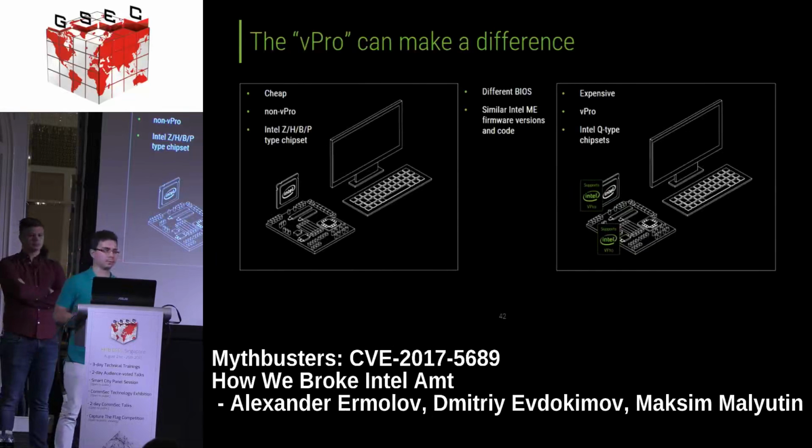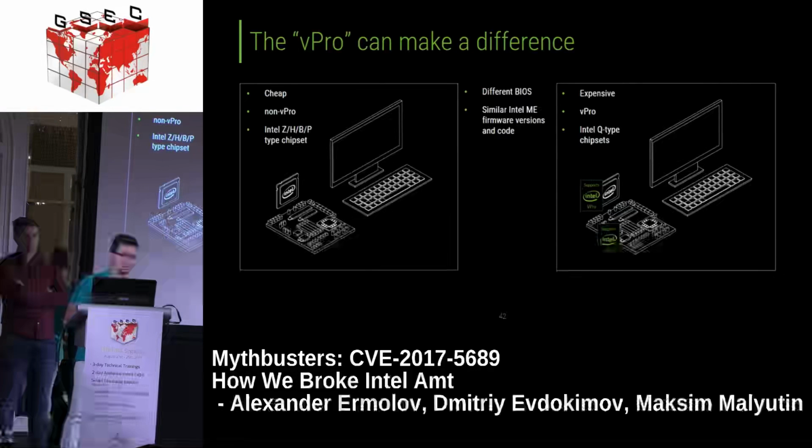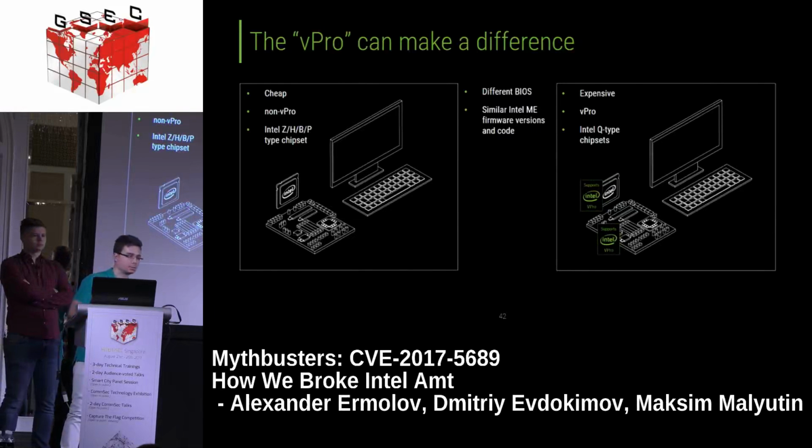First of all, we wanted to understand how exactly the vPro system differs from the non-vPro one. Well, the non-vPro system is cheap. We checked that a non-vPro system and a vPro system may have absolutely similar Intel ME firmware images, so the Intel AMT implementation is often present on the non-vPro system.